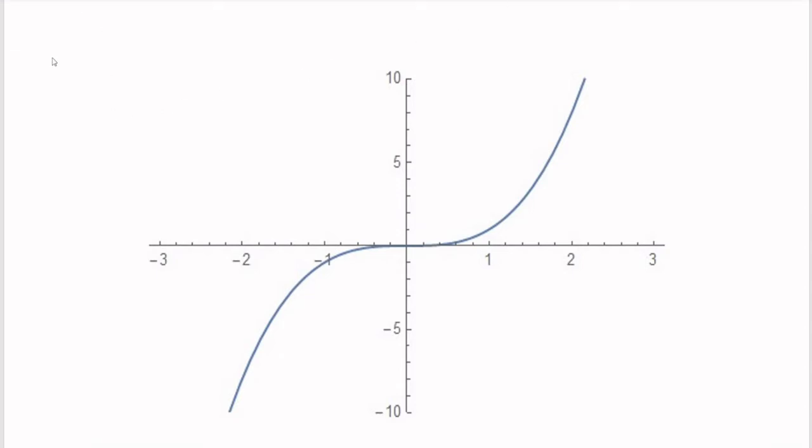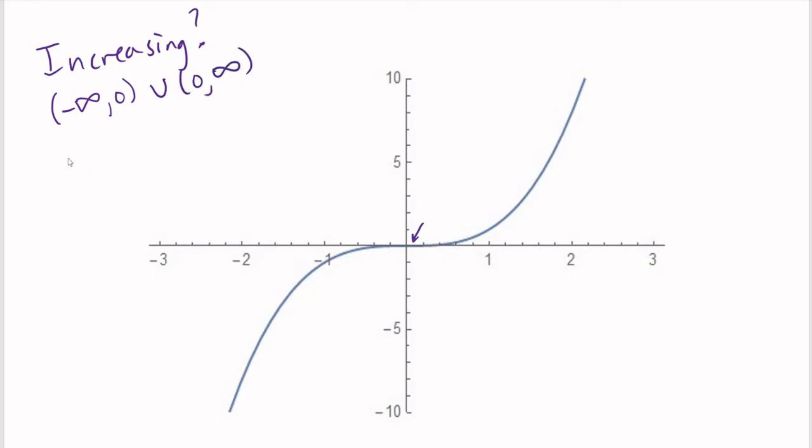So, where are we going to be increasing just from looking at this? Well, it looks like forever, right? It seems like I'm always increasing. So possibly forever? Maybe this point, it looks like we might have stopped here. So we'll put this for now, and we'll have to think about that. Decreasing, never.